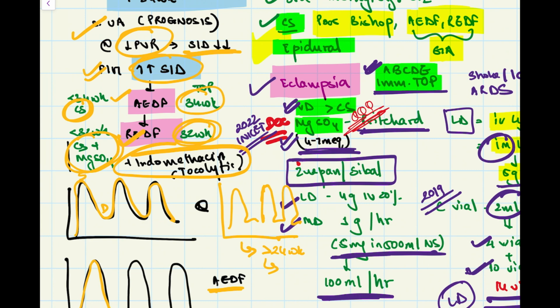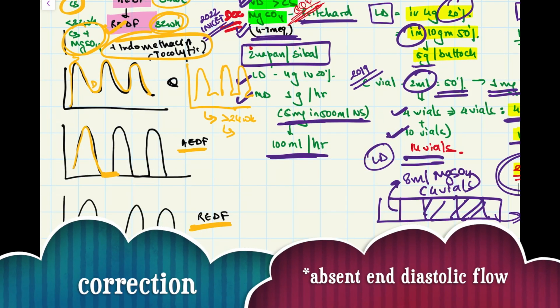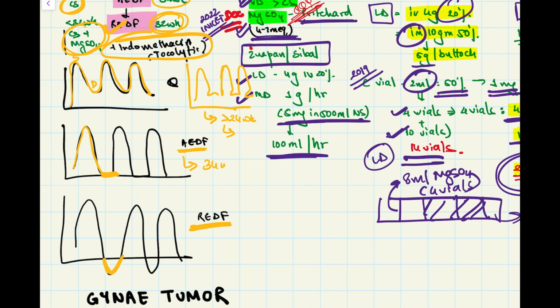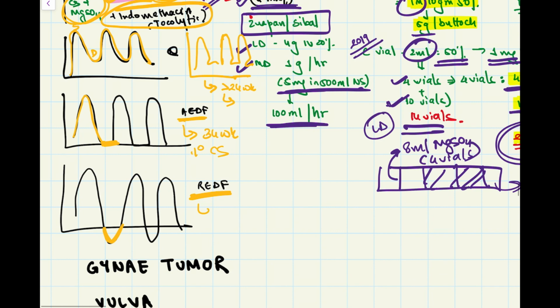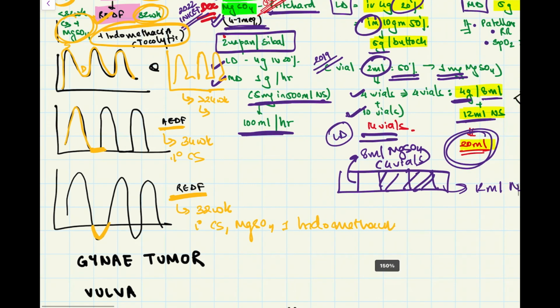Right? So, in absent end diastolic flow, the termination is done at 34 weeks and prophylactic corticosteroids are given, while for reversal, the pregnancy is terminated at 32 weeks itself and prophylactic corticosteroids and magnesium sulfate plus minus indomethacin or a tocolytic is given. Right?